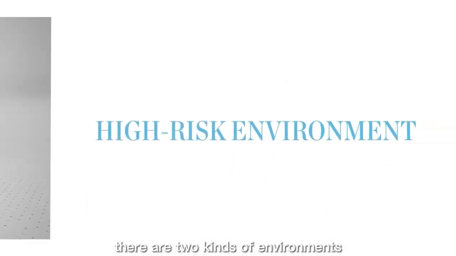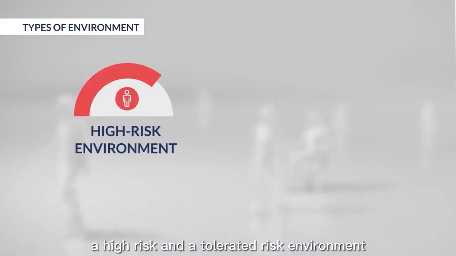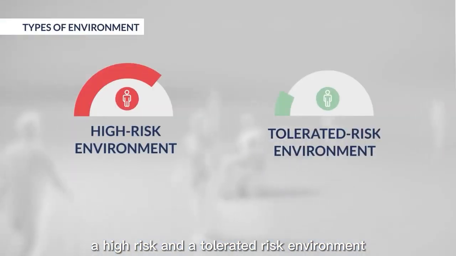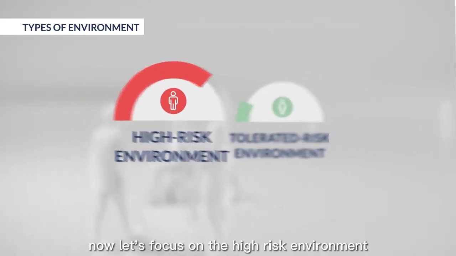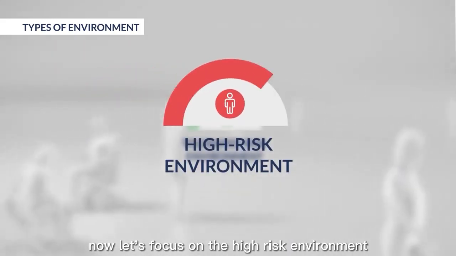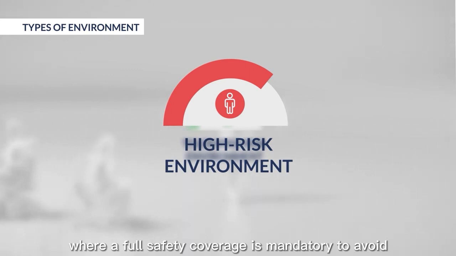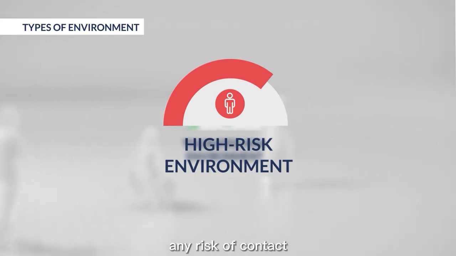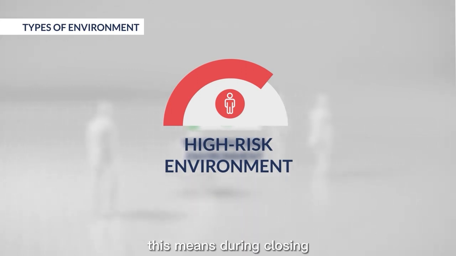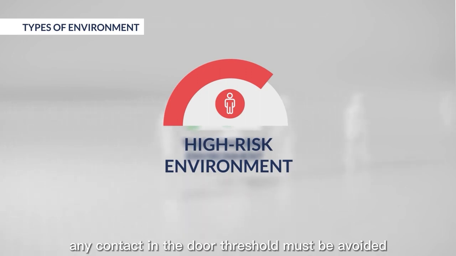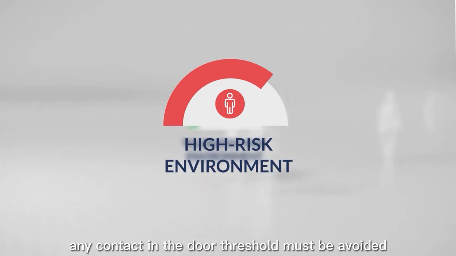There are two kinds of environments depending on the risk assessments you made: a high risk and a tolerated risk environment. Now, let's focus on the high-risk environment where a full safety coverage is mandatory to avoid any risk of contact. This means, during closing, any contact in the door threshold must be avoided.